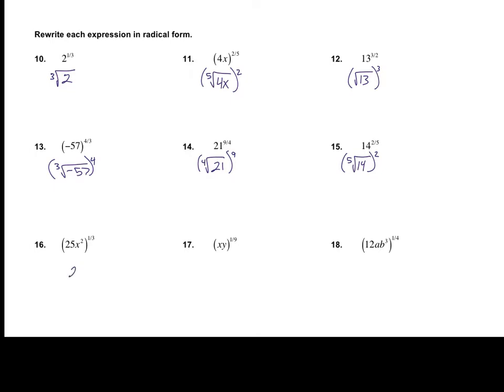Next one, 25x squared goes underneath your radical, so we'll have the 3rd root of 25x squared. 17, we've got the 9th root of xy. And number 18, the 4th root of 12ab to the 3rd power.